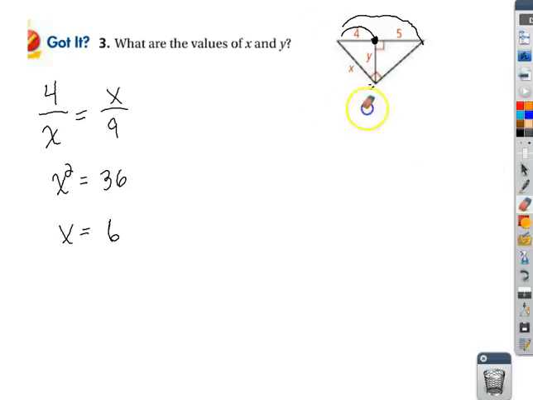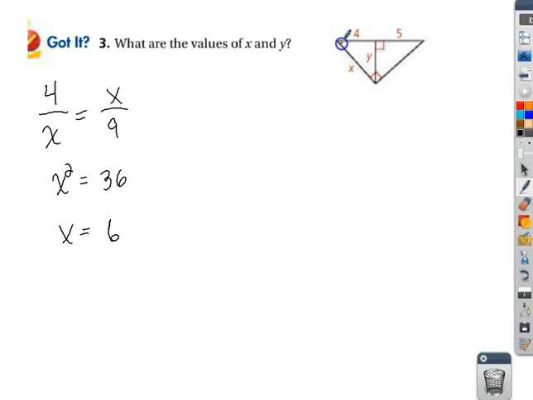All right. Just as long as you keep everything straight in your mind, it's not hard stuff. Now, I'm going to use heartbeat to find Y. Mackenzie, why did I use heartbeat to find Y? Well, Y is, what is this line right here? Yeah, this line is the altitude, and heartbeat always goes with the altitude.